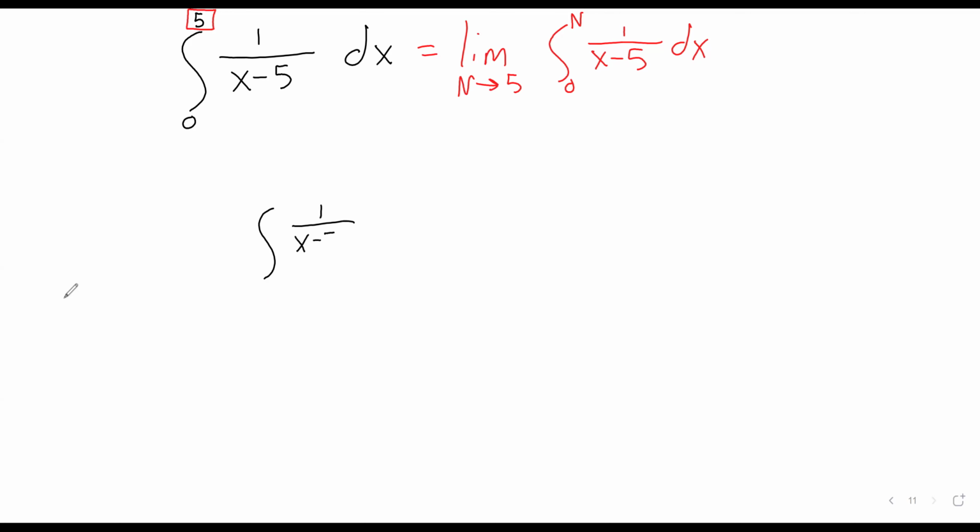If you do enough examples, you could perhaps just do this in your head. U substitution where du equals dx is the nicest U substitution.